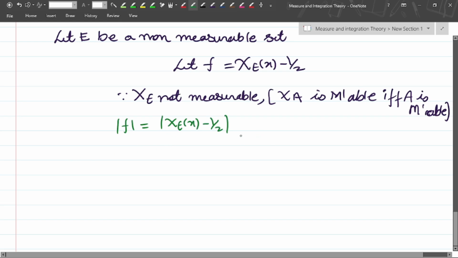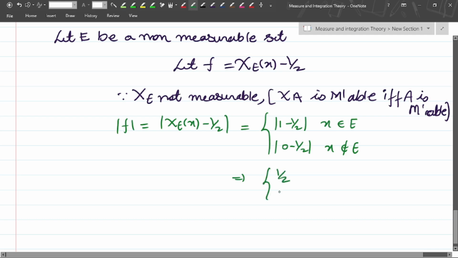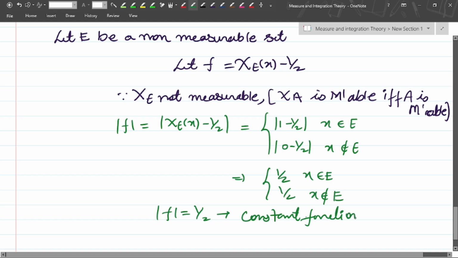How can we define the mod function? If x belongs to E, then it is 1 minus 1 by 2, and when x does not belong to E, it is 0 minus 1 by 2. So the mod is basically 1 by 2 and 1 by 2, whether x belongs to E or not. It means the mod of f is 1 by 2, which is a constant function.